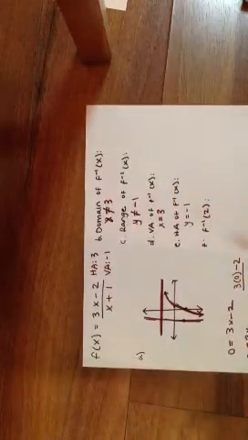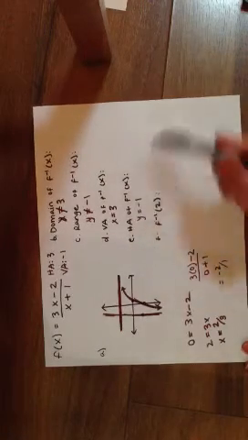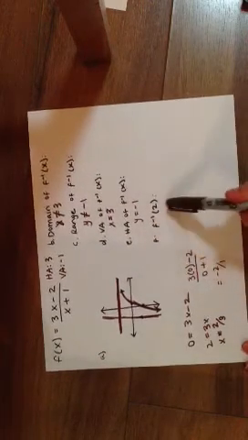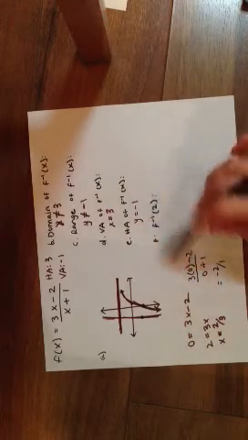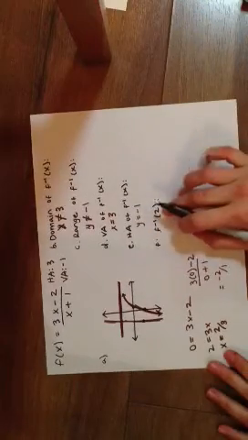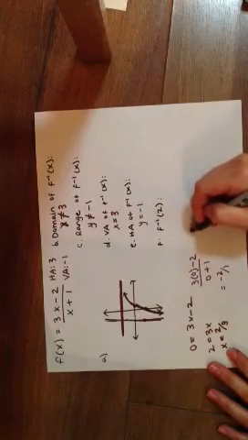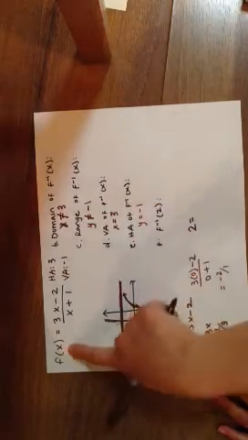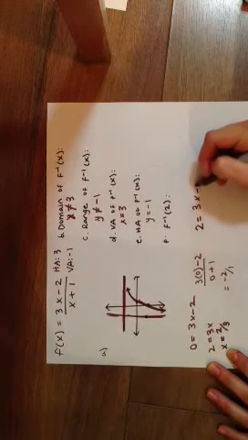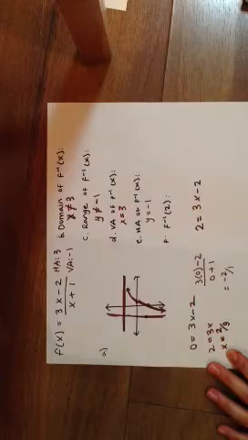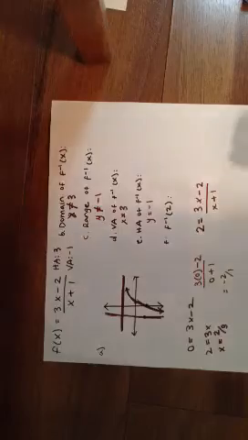And right here, they're asking you for f inverse of 2. So here, since this is the inverse, you would have to make this your f of x. So this would be 2 equals 3x minus 2 over x plus 1.